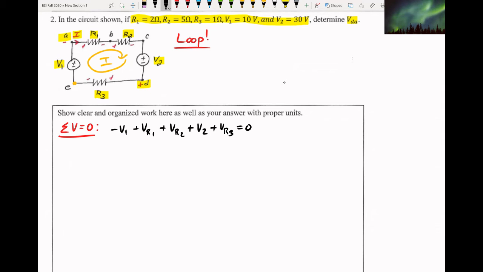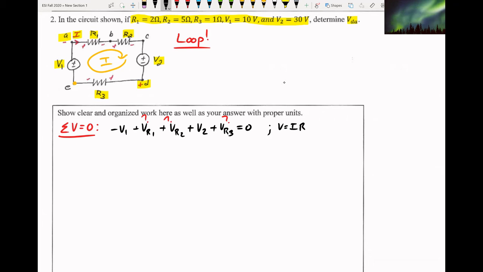And that'll give us equal to 0. Okay, but we don't know what the voltages are across any of these resistors. Oops, that's a battery. Across these resistors. So what we can say is, by Ohm's law, V is equal to IR. We can go in and replace those.